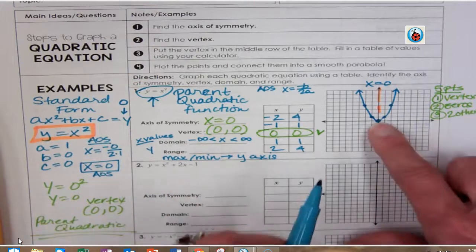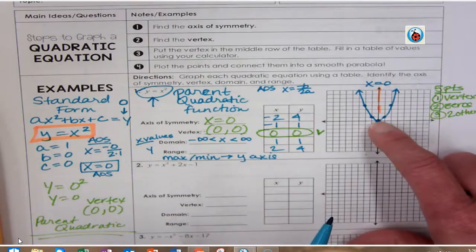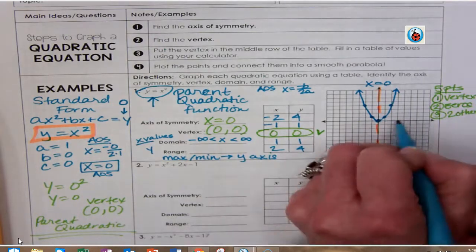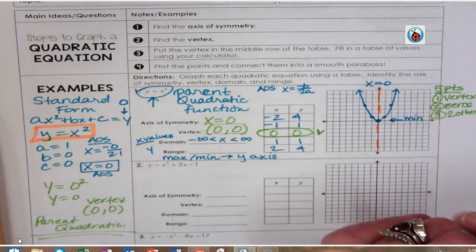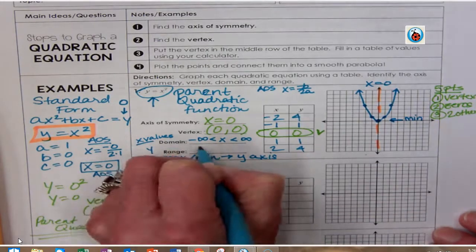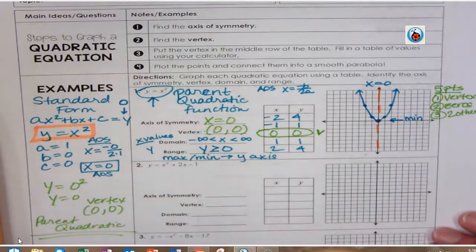You know that it cannot go above or below this point, depending on what your parabola is facing. In this case, this is my minimum. My y values are not going to be going below 0. So I know that y has to be greater than or equal to 0. Those are the y values covered. All right, hopefully that's going to be helpful.